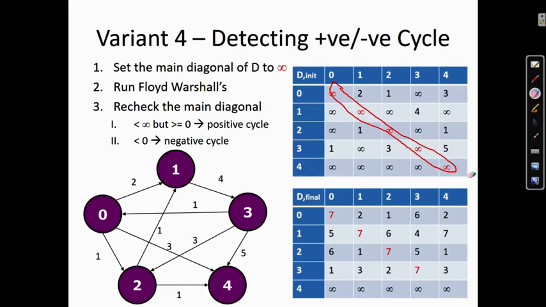So you can use Floyd-Warshall not just to detect negative cycles but also positive cycles, both positive and negative cycles. In this case, on the same graph here, you don't have any negative edge weights, so all of this is positive. The main diagonal is all positive, except for 4, which is still infinity.